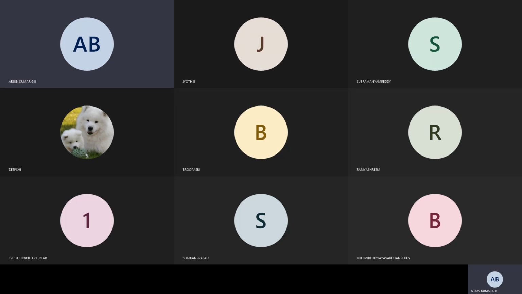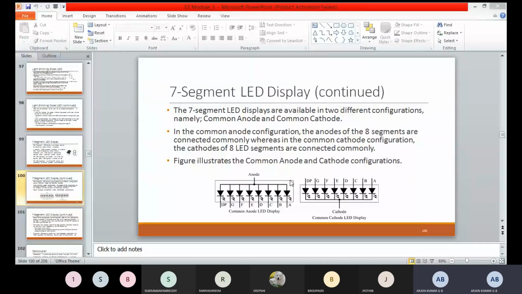Dear students, please note the diagram. It's very easy to understand. You can see the common anode configuration and the common cathode configuration. There's a common cathode LED display and a common anode LED display. In the common anode configuration, the anodes of the 8 segments, 7 segments plus DP, totally 8 segments, are connected commonly.